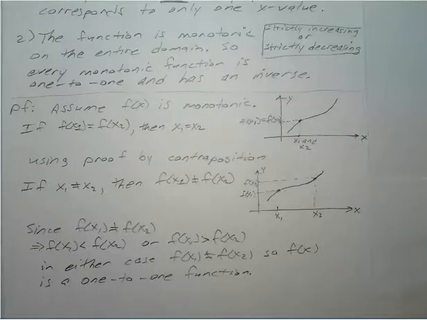If you are still writing, feel free to press pause. I'm going to give you a couple of examples of what a one-to-one function would look like, because I want you to understand one-to-one functions before we get into the derivative of the inverse function. So let's do a couple of one-to-one examples.